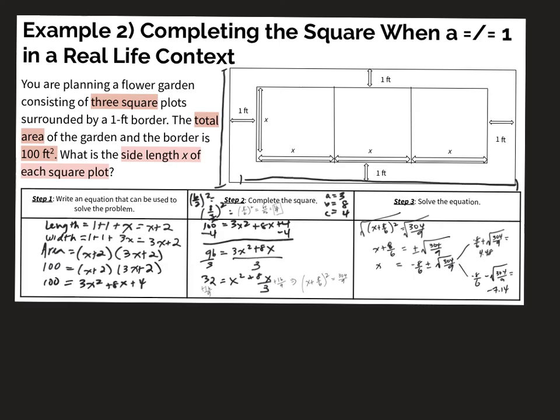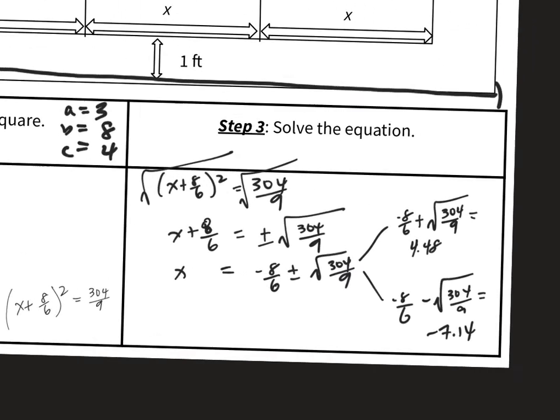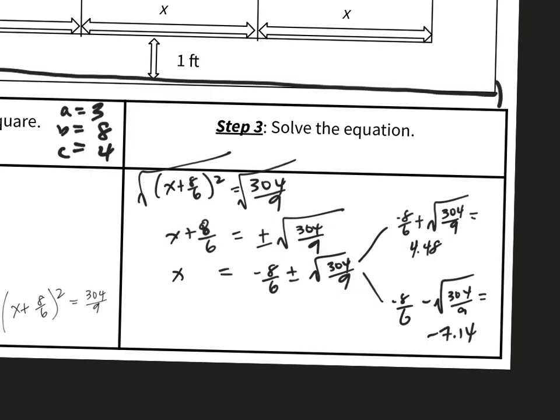So side lengths can be decimals, that's fine. They can be really big numbers, really small numbers, but they can't be negative numbers, right? Because you can't have a negative side length. So when we review our two answers, we had 4.48 and negative 7.14. We can actually eliminate this negative 7.14 because it doesn't make sense in our situation. So our answer should be 4.48 as the value for x.